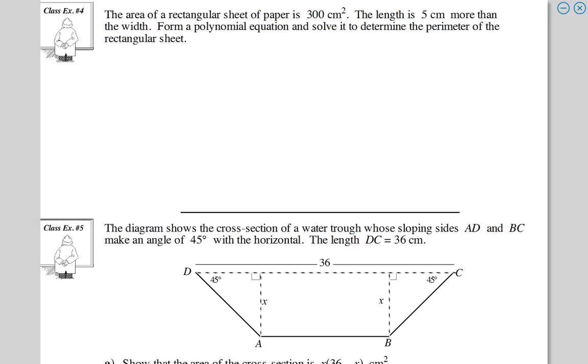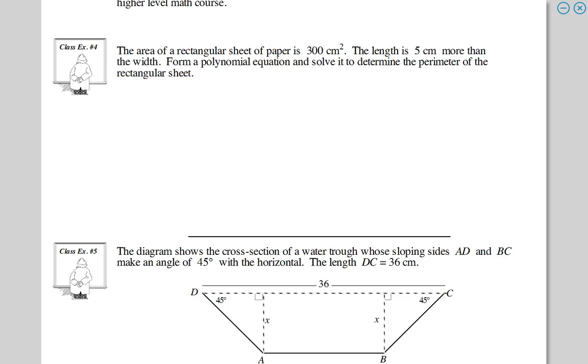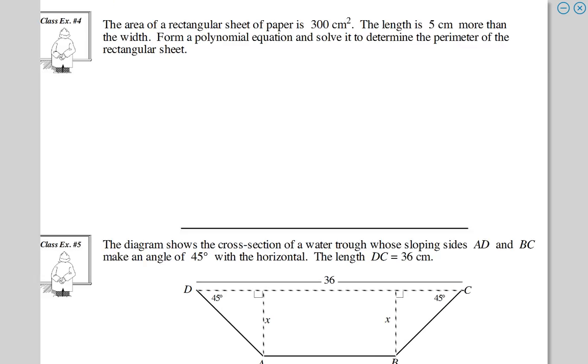Class example 4. The area of a rectangular sheet is 300. So what can we write there? Area of a rectangle. So maybe area rec equals, because that's what is, right? Every time you see is, put equals, and then you can put 300. So let's just use the area formula for a rectangle.